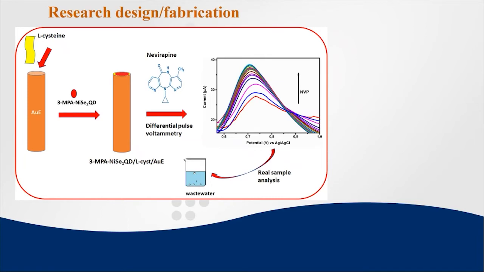Now, to make it easier, I've listed the methods that we use for our fabrication. So in this case, let's say we selected an electrode, a classic carbon electrode or a gold electrode, and we modify or attach a material that has a certain affinity onto this electrode surface.